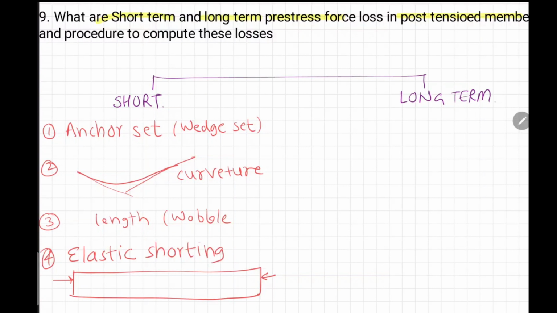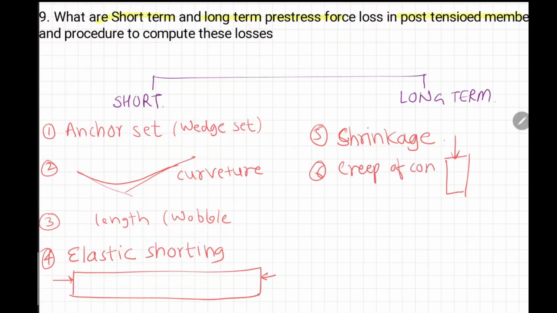And in long term, we have three main losses. First, shrinkage of concrete. Second, the concrete creeps under sustained load, so creep of concrete. And the high strength steel which we are keeping under sustained tension relaxes, so the loss we call relaxation of steel.